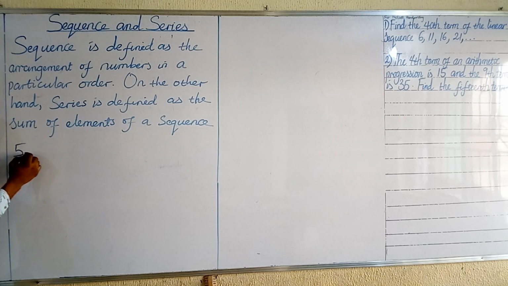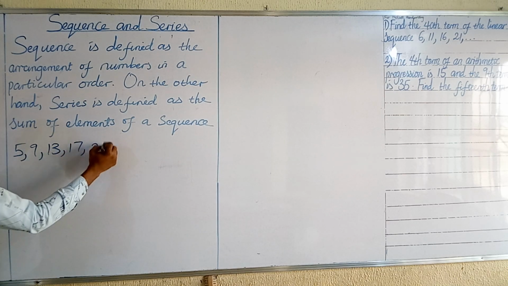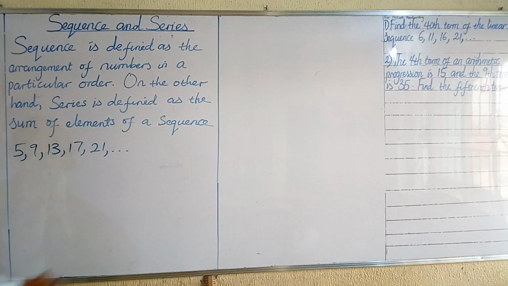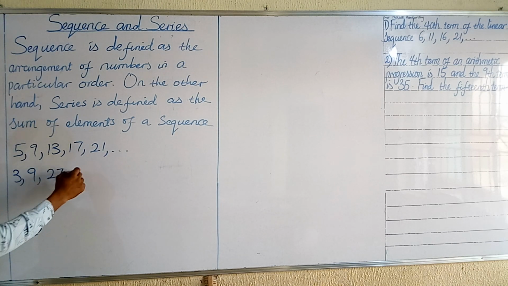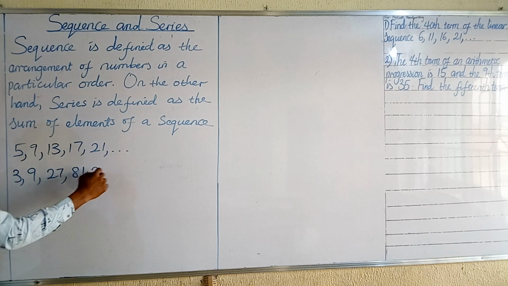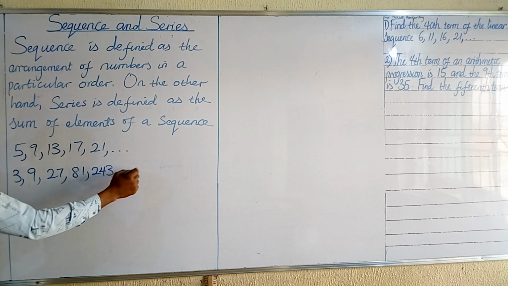5, 9, 13, 17, 21. Let us also get another one again. We have 3, 9, 27, 81, 243.